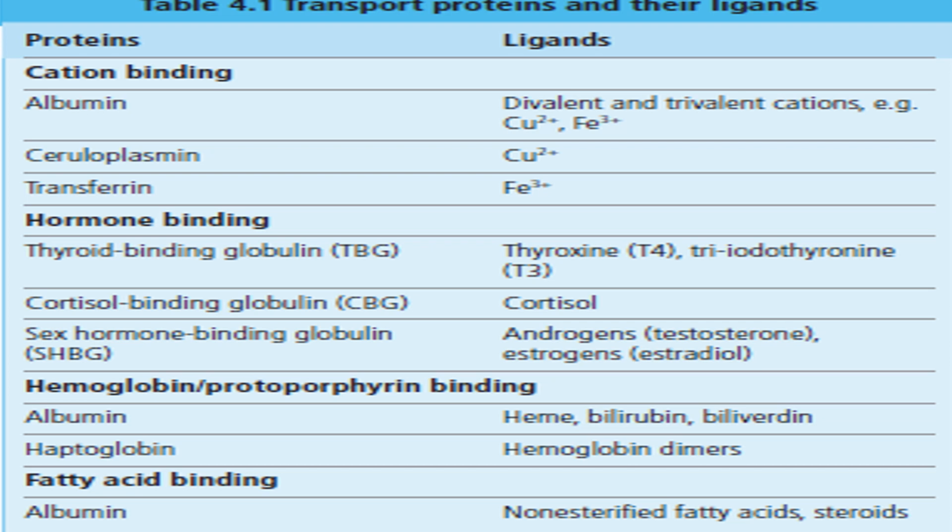As we discussed earlier, haptoglobin binds with the free hemoglobin, which is supposed to undergo degradation. And as we have discussed earlier, fatty acid binding: albumin binds to free fatty acids. When we say non-esterified fatty acid, it means fatty acid which is free, which is not attached to any steroids.